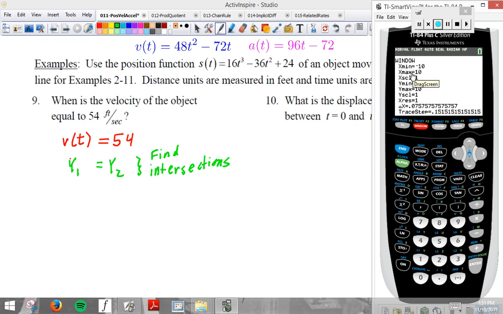Most of the time on the AP test, they give you values that fit into this nice window. So instead, we're going to go down here to change y min and y max. Let's try to use 10 lower than 54 for our min, and 10 bigger than 54 for our max, 64. Graph it.